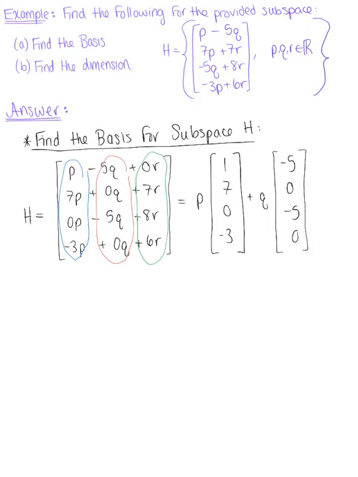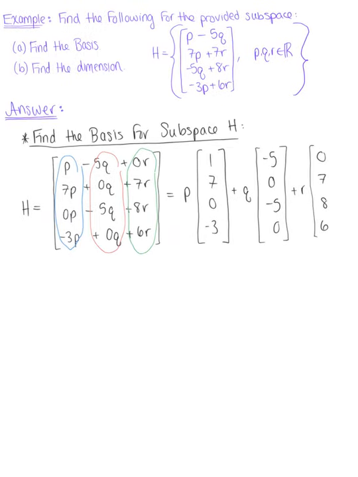How fun. Plus that scalar R multiplied by the column vector 0, 7, 8, 6. Just ran out of room. So there we go. We've got that lovely linear combination, and this is, of course, such that P, Q, and R are all the weights, the scalars, the coefficients, those constants.